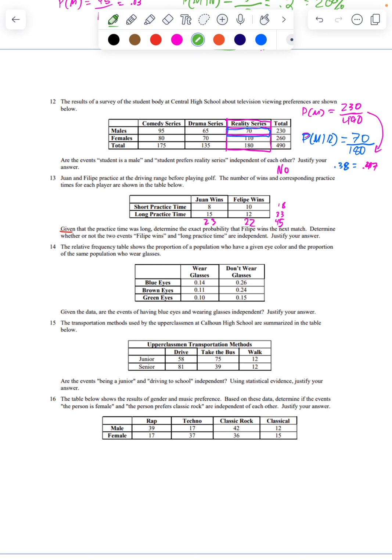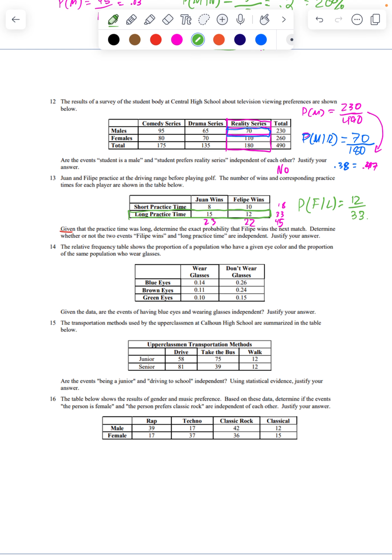Given the practice time was long, so we're counting out of this part right here. That's what we're counting out of. Given the practice time was long, determine the probability Felipe wins the next match. So Felipe wins given it's long. So Felipe wins is 12 out of 33.